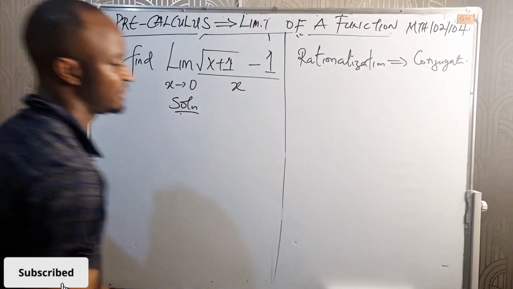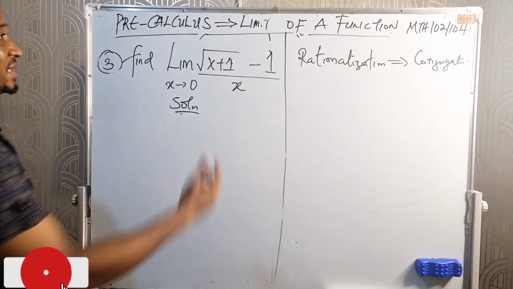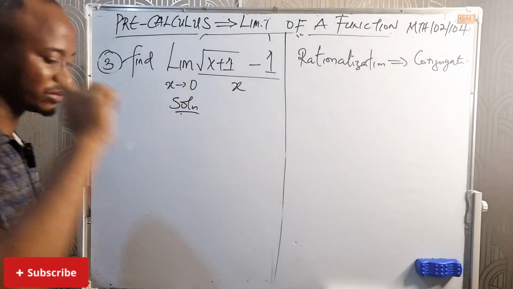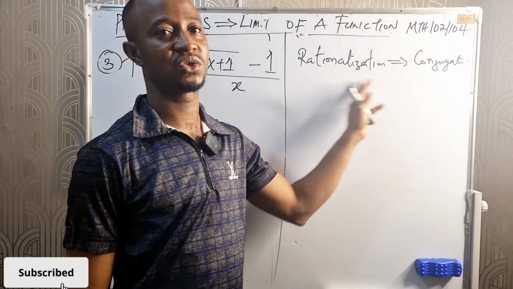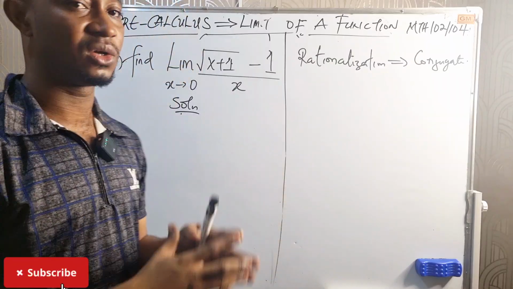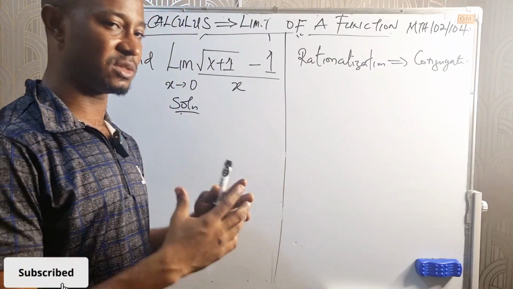We cannot use factorization because we cannot factor out anything here. Whenever you have a square root, the only method that should come to your mind is the rationalization method. And to rationalize an expression, you must find the conjugate of that expression.